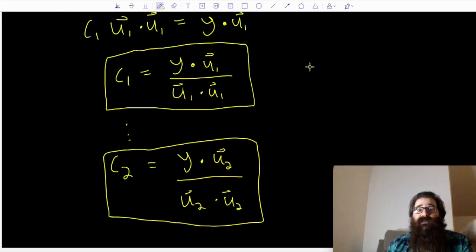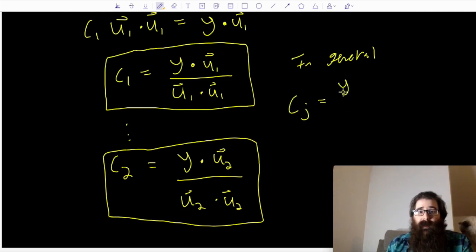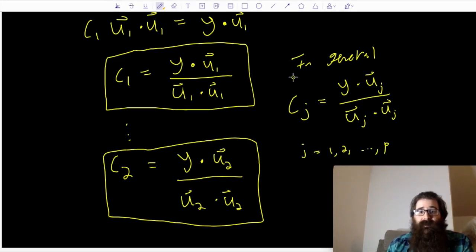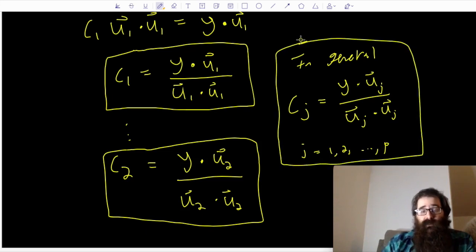So we would say in general, because there's a nice pattern here, the coefficient c sub j is given by y dotted with vector u sub j divided by u sub j dotted with u sub j. And that would be for j equals 1, 2, so on and so forth to p, which is the result that we wanted to show.